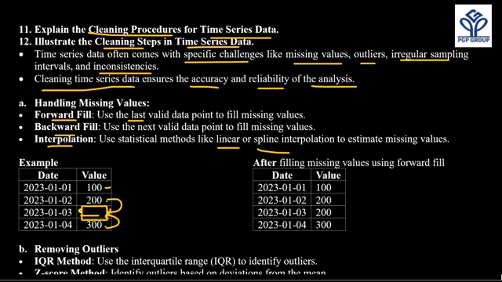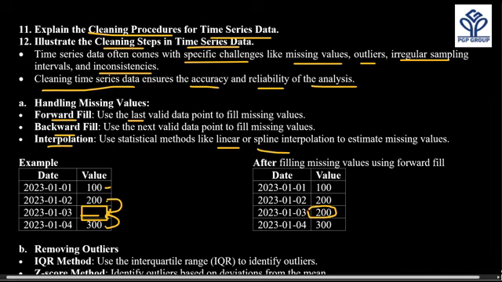The concept here is you must fill the missing data. You can use any technique you want: forward fill, backward fill, interpolation, and some people even use mean or median. The data should not be empty. That is the concept. So this is the first step in the data cleaning procedure.